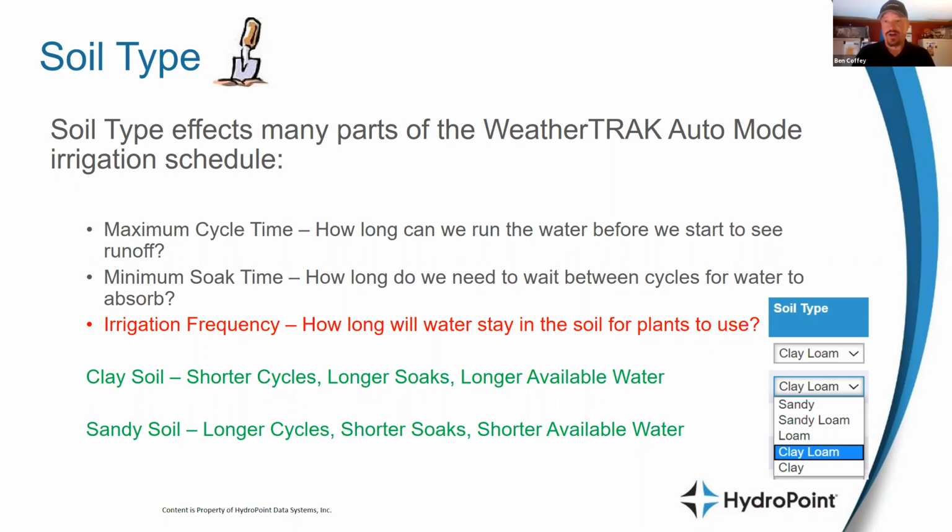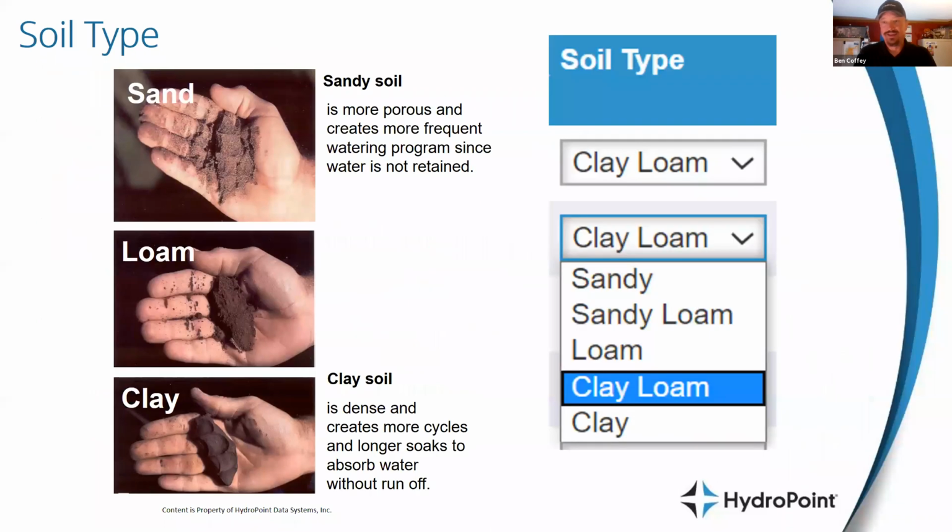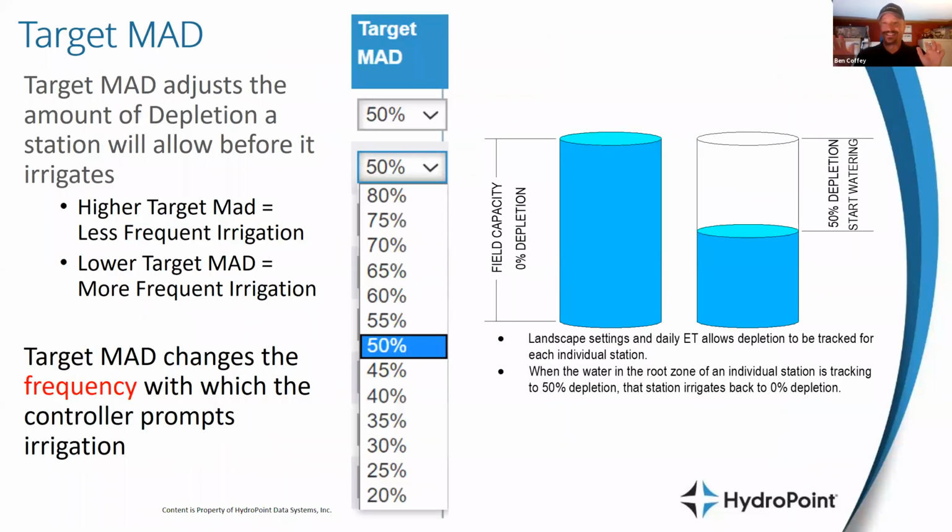All right. I got called out and I said something wrong on target MAD, so I have to go back. Before we move off of soil type, I explained this incorrectly. At 60%, we're saying let the glass get to be 60% depleted instead of 50%, so it actually increases the amount of time in between irrigation, not less.